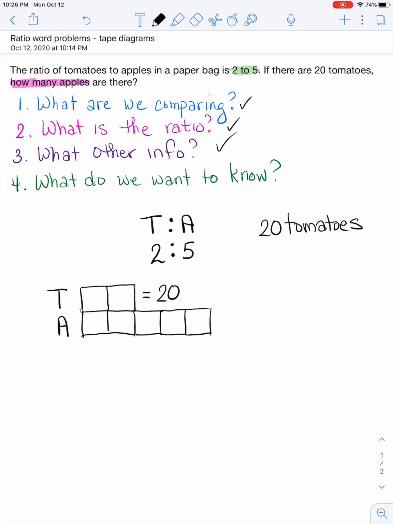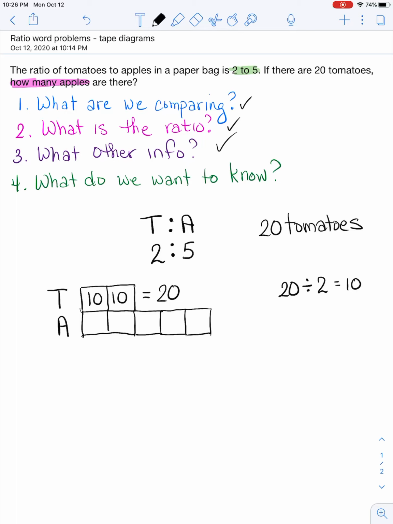Since I know that in a tape diagram all the boxes have to be the same, to find out what goes in each box, I know that the total of the 2 boxes has to be 20. So I'm going to do 20 divided by 2, and that is going to give me 10. So a 10 goes here and a 10 goes in here. And if you want to double check, 10 plus 10 is 20.